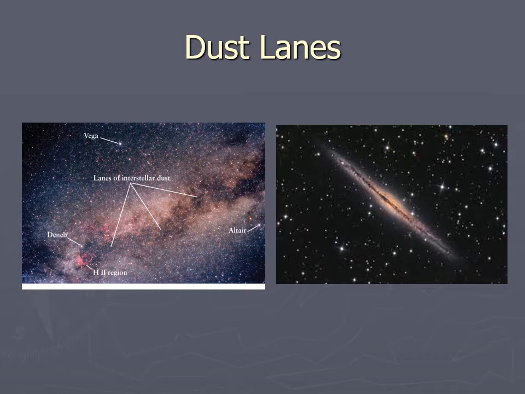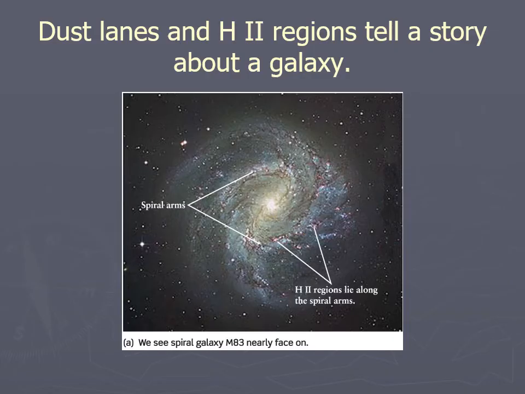And you can see the dust lanes running down the middle of it, and those dust lanes block the view of some of the other stuff, the stars that are in there. And again, spiral galaxies have the bright spiral arms, but they also are clumpy with dust.